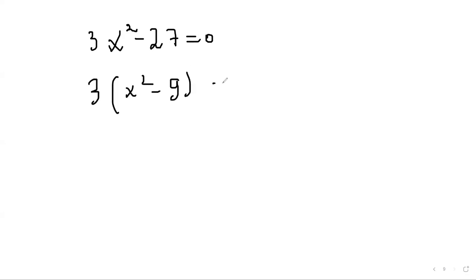Let's do one more, for example, 3x squared minus 27 equals 0. We can do the factorization here again: 3 times (x squared minus 9) equals 0, so 3 times (x minus 3) times (x plus 3) equals 0.